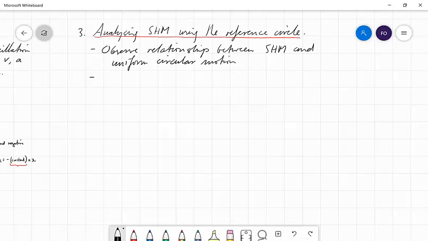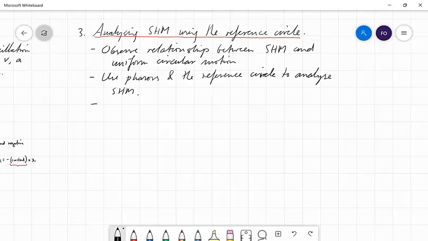And having done that, we'll be able to then use phasors and the reference circle to analyze simple harmonic motion.